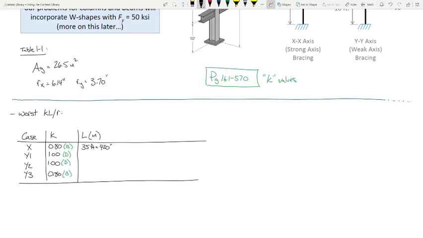And then for the y-axis, it's 10, 15, 10. Did I get that right? So 10, 15, 10 is 120, 180. I think I can do that one in my head.